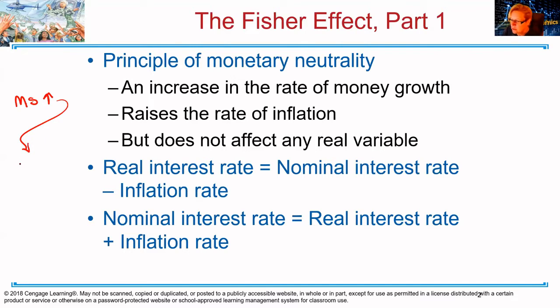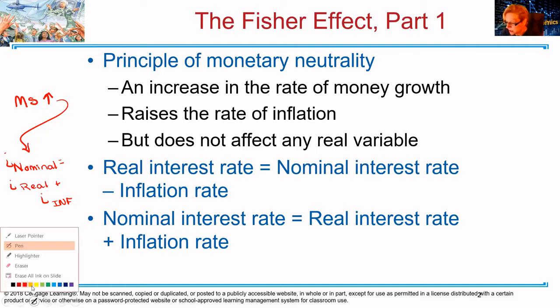Remember, the nominal interest rate is equal to the real rate of interest plus inflation. So what happens is as the money supply increases, it increases the nominal rate through the inflation rate.